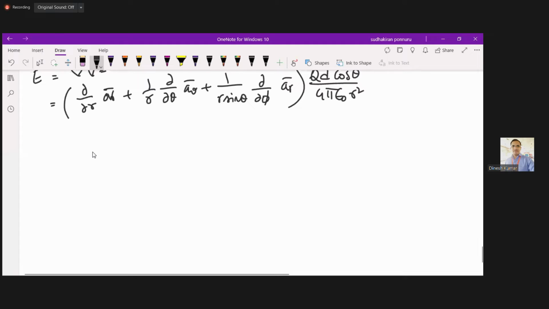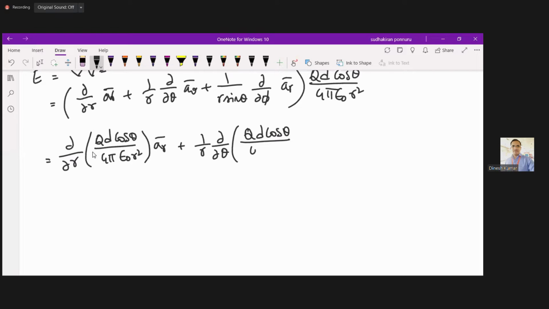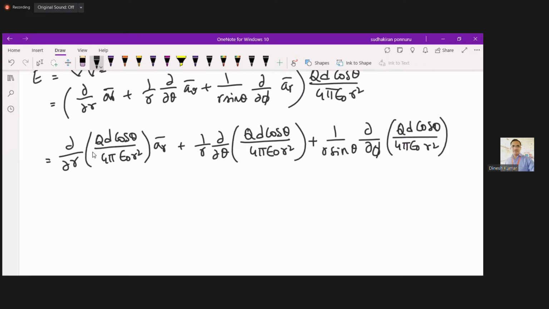So this is dou by dou r of Qd cos theta divided by 4 pi epsilon naught r square into a r bar, plus 1 by r dou by dou theta of Qd cos theta divided by 4 pi epsilon naught r square into a theta bar, plus 1 by r sin theta dou by dou phi of Qd cos theta divided by 4 pi epsilon naught r square into a phi bar.